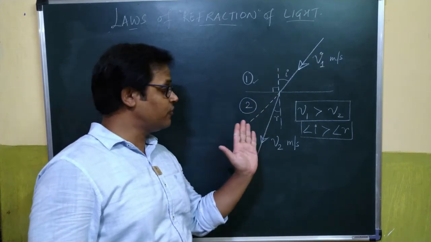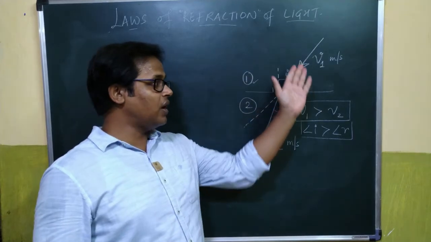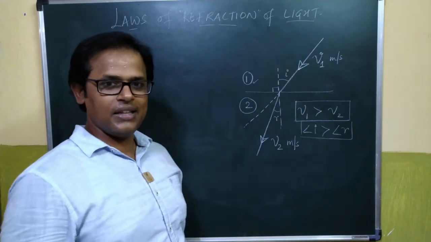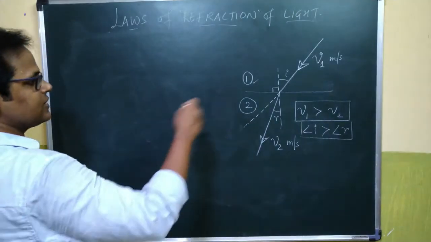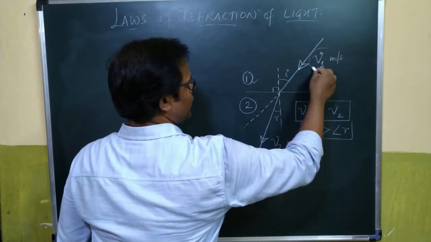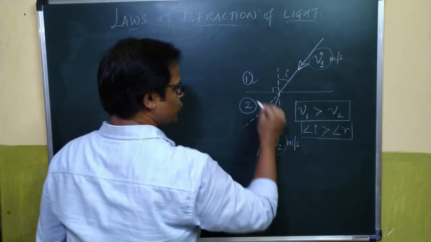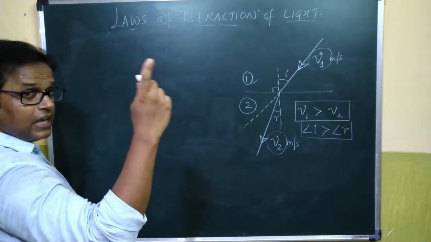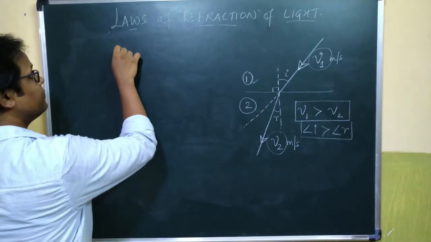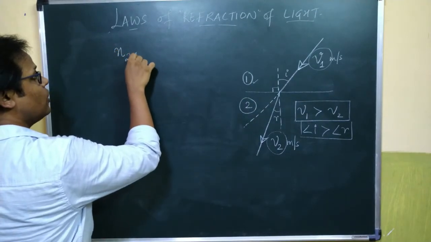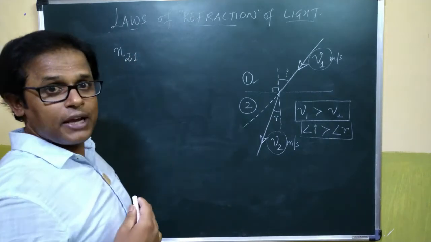If the ray had been going from medium 2 to medium 1, the answers would have gone exactly the opposite, right? In such a case, if the speed of light is v1 in the first and v2 in the second, I could still have calculated the refractive index of the second medium with respect to the first.